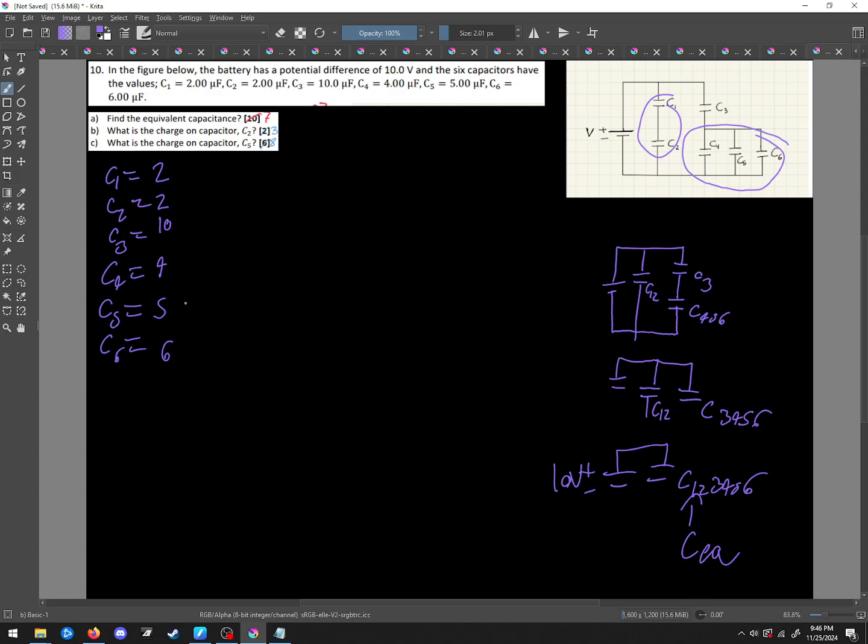Now when we combine 5 and 6 into their equivalent, C5,6, they're parallel, so they just add up to 11. And then when we add 4 to C5,6, this equals 15.